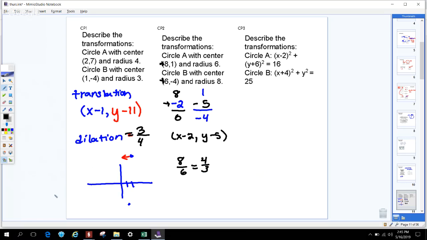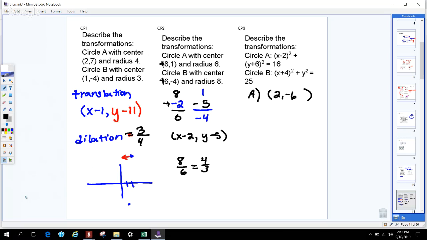Let's look at the next one. This one's trickier. First, what's the center for circle A? Who can tell the center in circle A? Why is it 2, -6? You're correct. Yeah, you have to switch the signs. The circle formula is on your formula sheet.